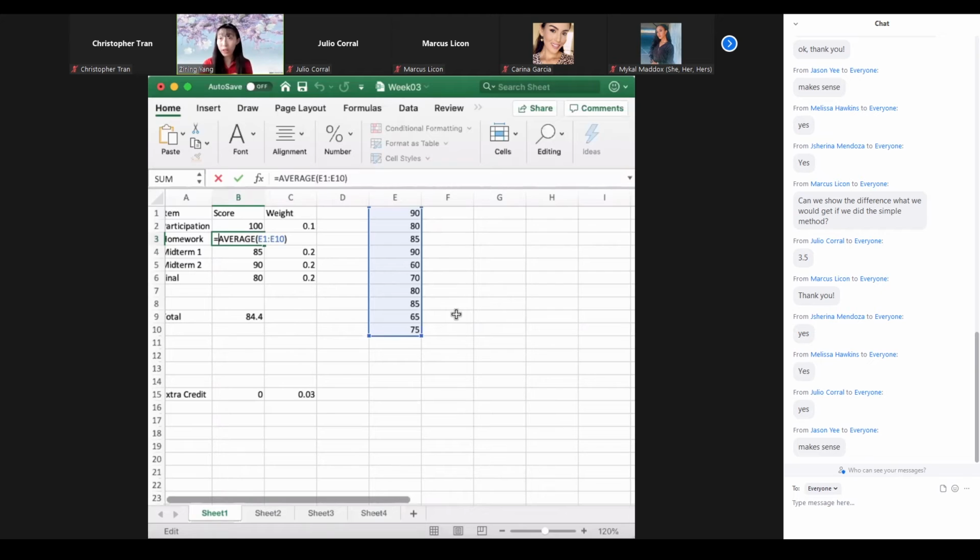For now, if you only have homework 1, that's just that homework 1 score. Next week, when you have homework 1 and 2, it's going to be the average of those 2. Then the next week, with homework 1, 2, and 3, it's going to be the average of the 3 numbers. But at the end of the semester, you should have 10 numbers, and that's the average of the 10 numbers.